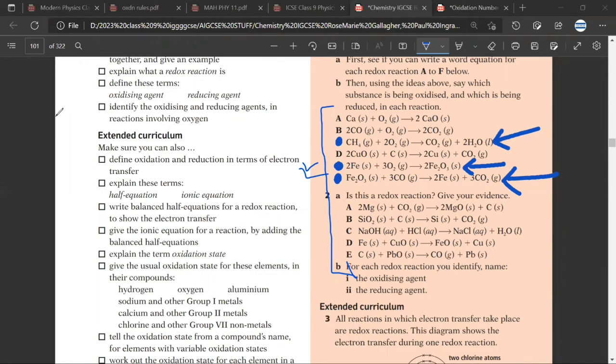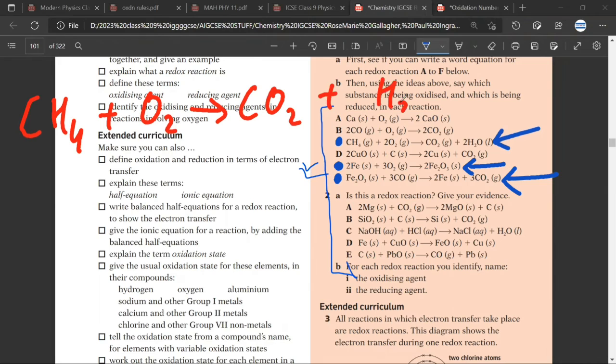So the first reaction is CH4 plus oxygen. I'm not writing the balanced equation, it doesn't matter because I'm just focusing on the oxidation number. So when I look at CH4, methane, hydrogen would be plus 1, carbon would be minus 4.